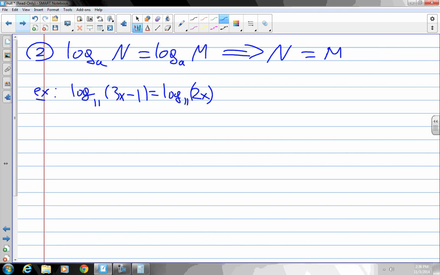You're just checking 11, 11, good. So right away 3x minus 1 equals 2x. Okay? So you're just setting the insides equal to each other. I can easily solve this. Add 1, subtract 2x, you get x equals 1. Right?